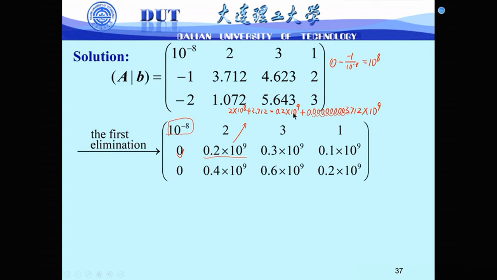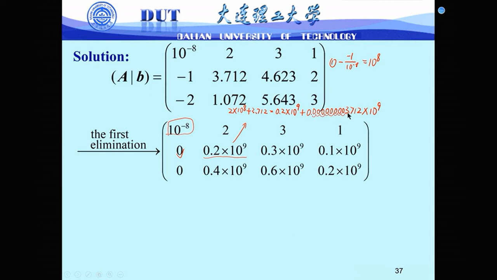It's okay? And by the condition, we use 8 digits. So that means after the decimal, we can only use 8 digits. So 1, 2, 3, 4, 5, 6, 7, 8. Here is the 8th digit. So let's see.